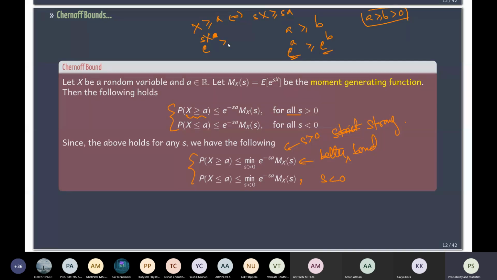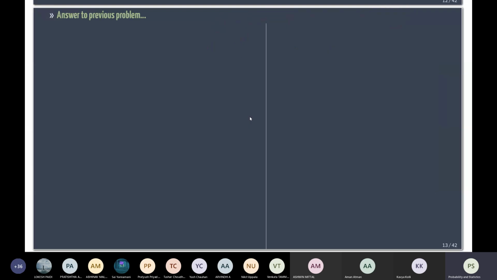Then I raise the exponential power, so it will be e to the s a. So you get the idea of what is going to happen. If I take the expectation of this, then this will be the moment generating function. So we have some initial plan. Let us now get through this. We will try to do this in the next page.